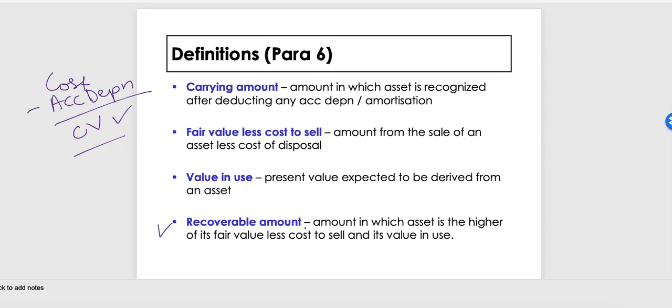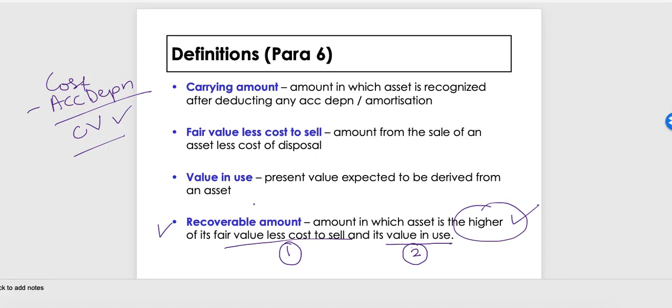So what is the recoverable amount? This is the higher amount: you take the higher of the fair value less cost to sell and the value in use. So in order to get the recoverable amount here, you compare fair value less cost to sell and value in use. Whichever of the two is higher will become the recoverable amount.